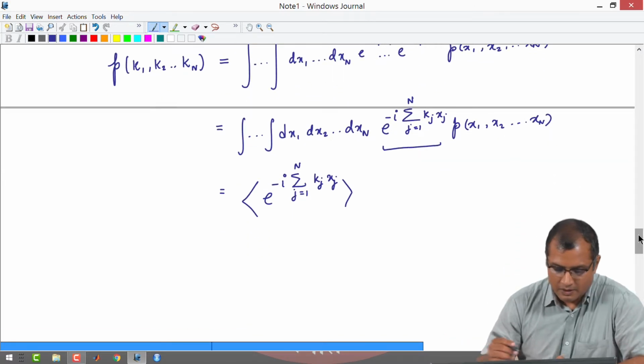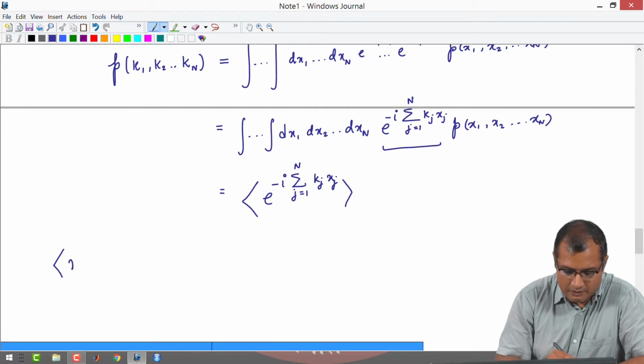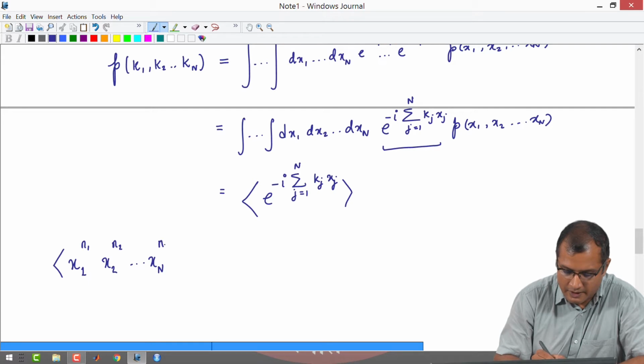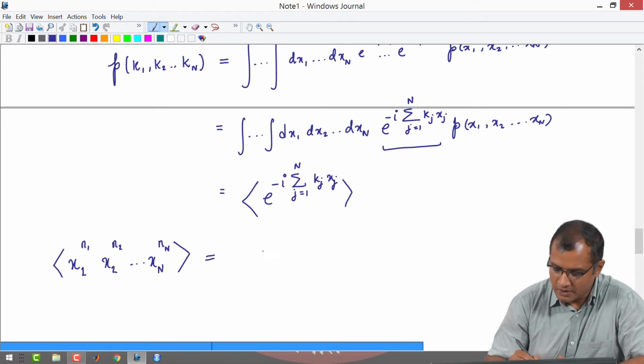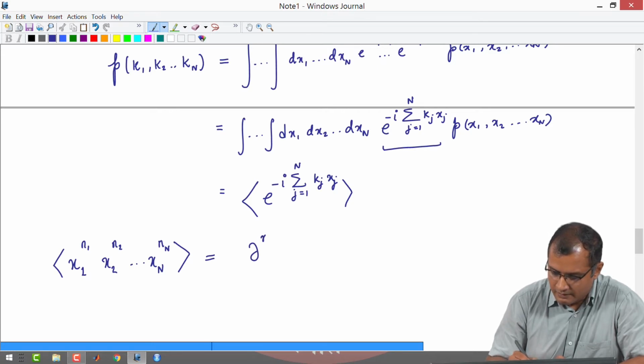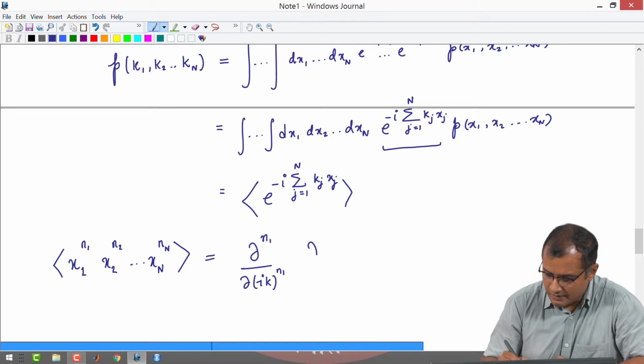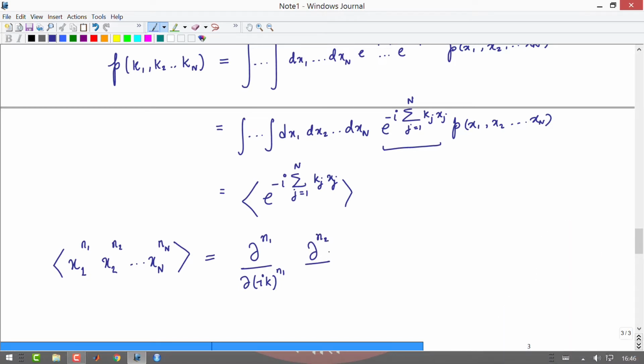Okay. And so now if you want to find out the joint moment of some x1 to the power n1, x2 to the power n2 all the way to xn to the power capital N, then this is nothing but d n1 over d of minus i k1 to the n1, these successive derivatives, all the way to d nN over d of minus i kN to the nN of my characteristic function.